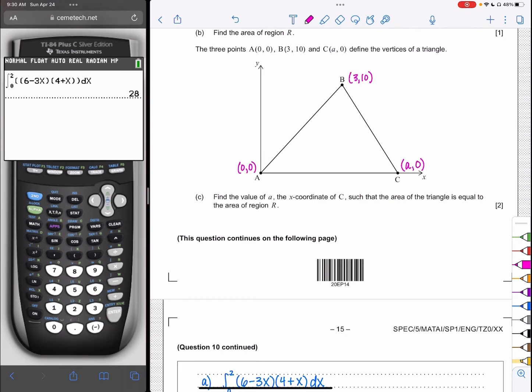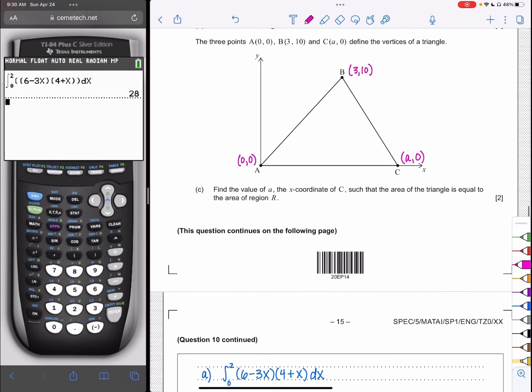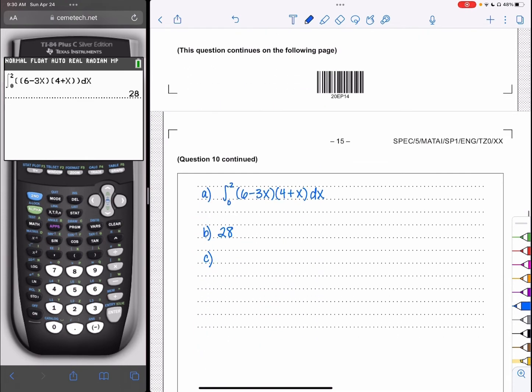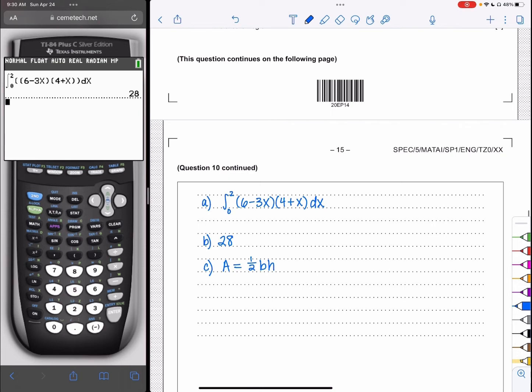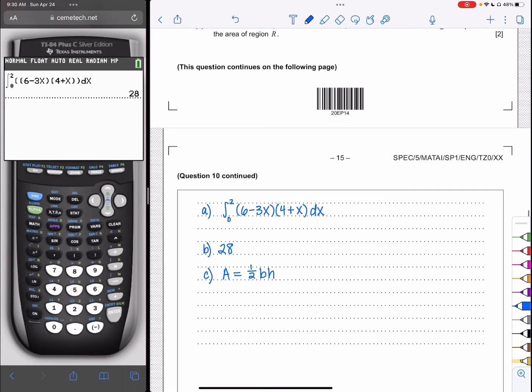All right, so in order to find the value of A, we have to use the area formula. So we know that the area of a triangle is going to be equal to 1/2 times the base times the height. All right. So the area is going to be equal to the area of the region R. So we already know that the area is going to be 28.